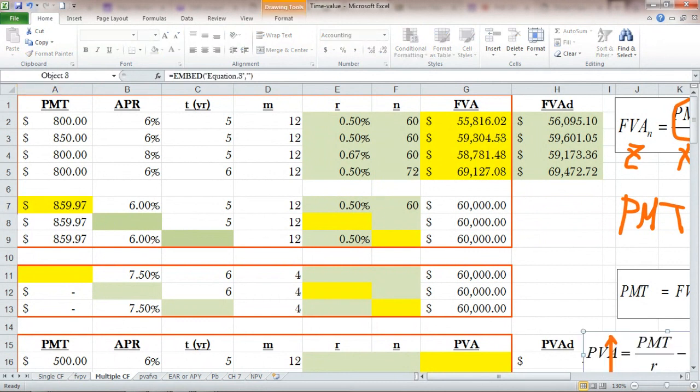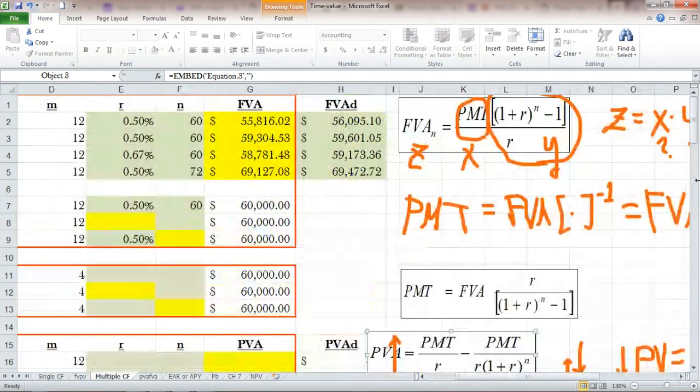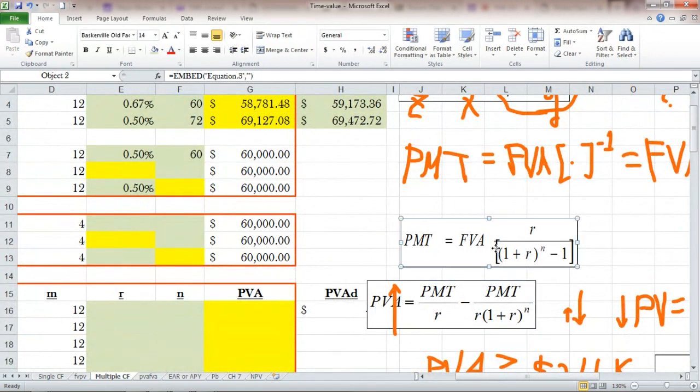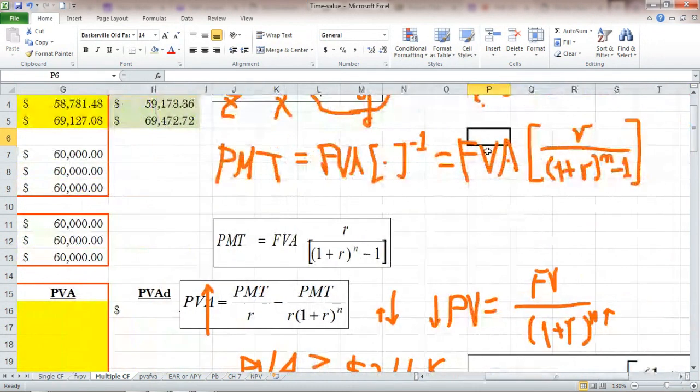And also, I entered it this way. Of course, it doesn't make any difference whether you do it like this or like this. Doesn't make any difference, right?